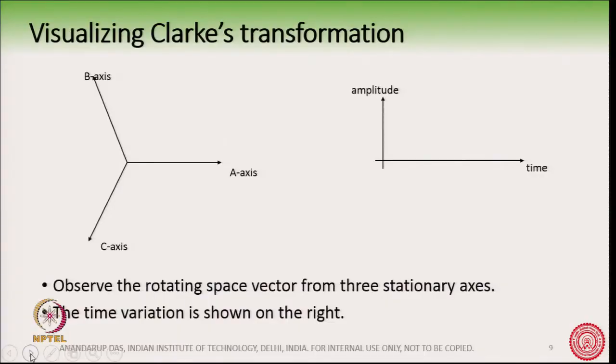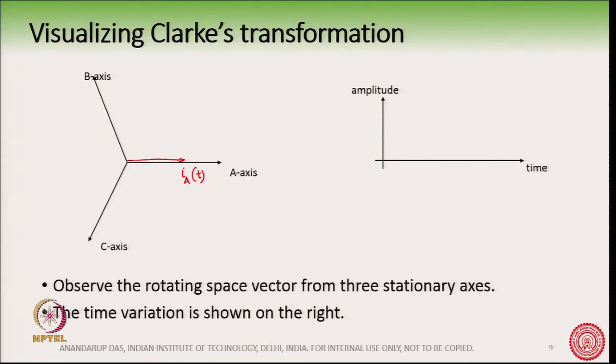Let us visualize this Clarke's transformation. Here I have shown 3 axes, A, B, C, these are stationary axes, and let us first put this vector I A, space vector I A t, which is basically rotating.